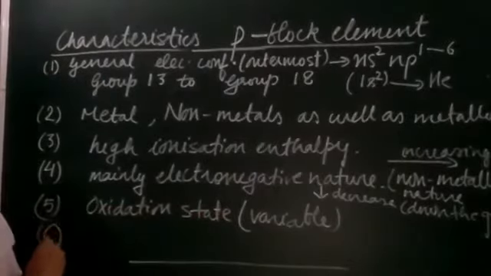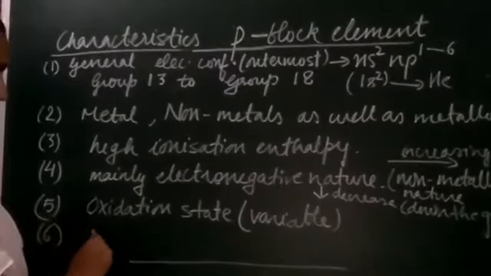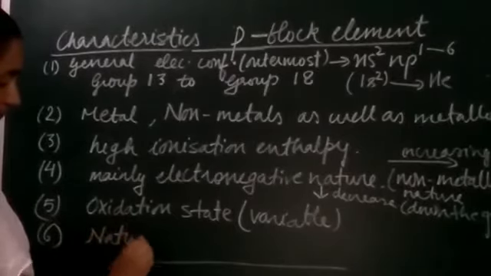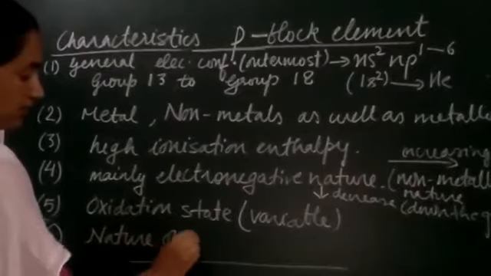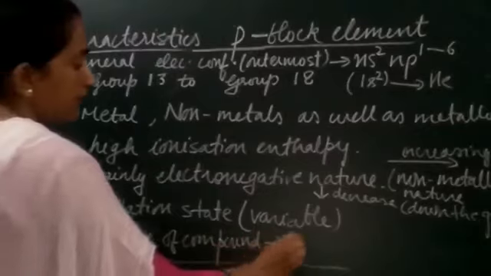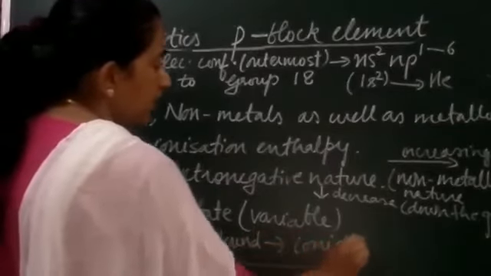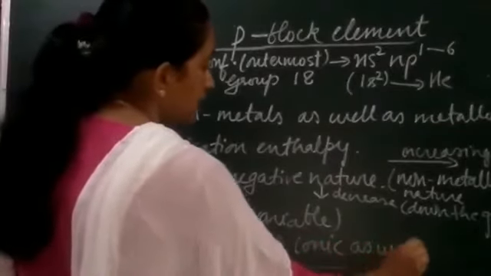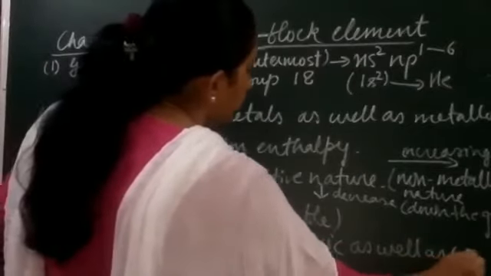Now the sixth point is the nature of the compound formed. Here we will get both ionic as well as covalent.